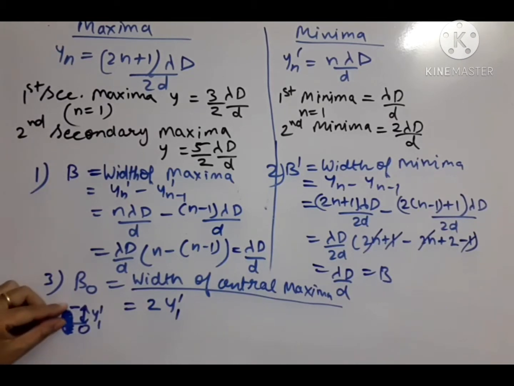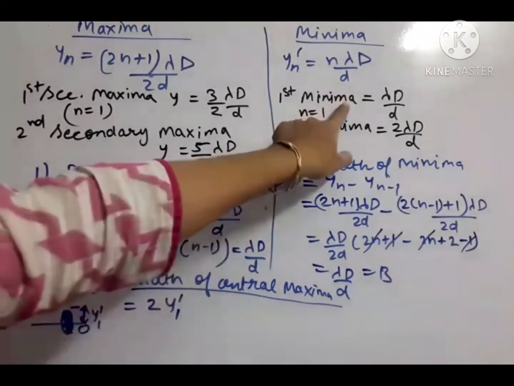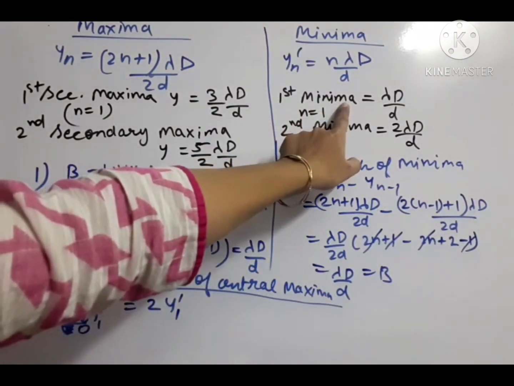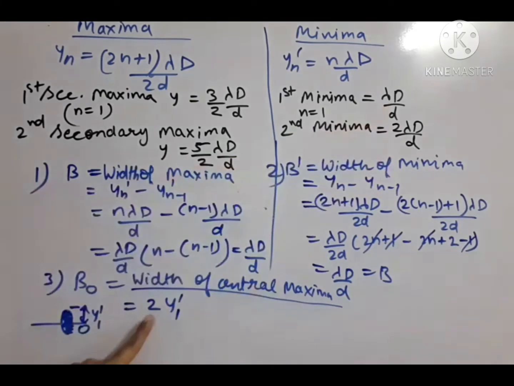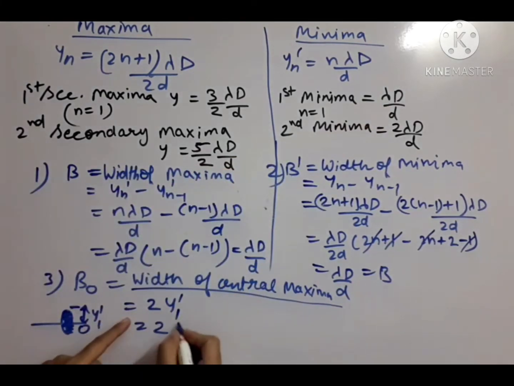Whatever is the displacement of first minima is written here, lambda D by d. So we have to just do double of it. So 2 lambda D by d. This is the beta 0 formula. So here the change has appeared. This is not similar to the interference case.